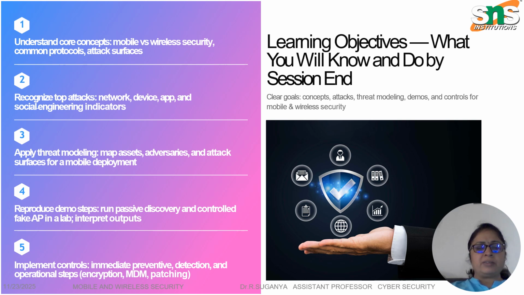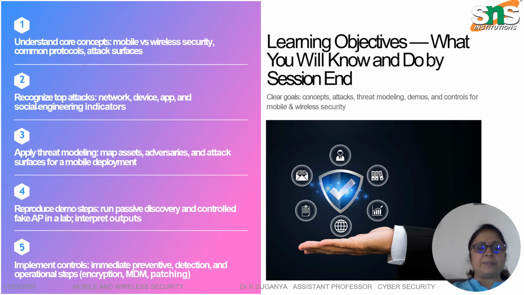First, we have to learn the objectives, what we will be knowing and how we can end these mobile vulnerabilities. First we have to understand the core concepts of mobile, then protocols and attack surfaces. Next we have to recognize the top attacks in mobile, like network, device, app and social engineering indicators, and apply threat modeling, mapping assets, adversaries and attack surfaces for mobile deployment.